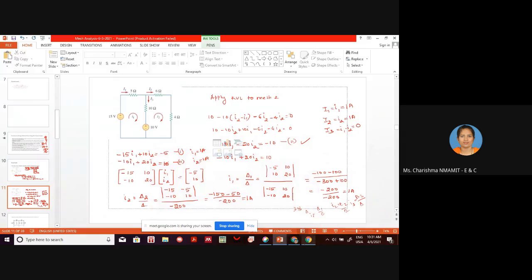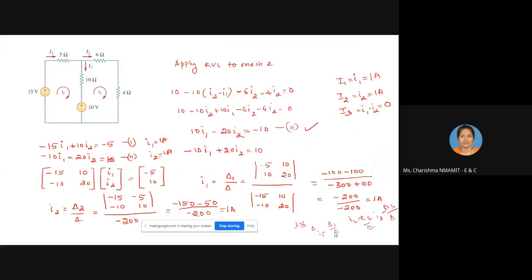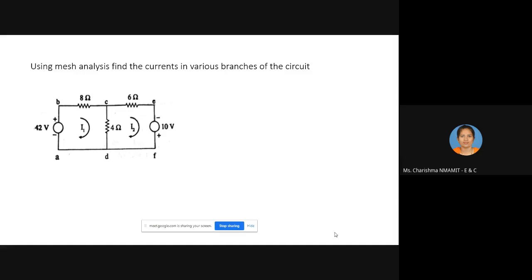Okay, so take the next problem. Using mesh analysis, find the currents in various branches of the circuit.